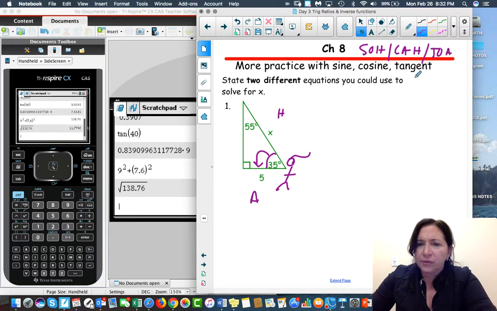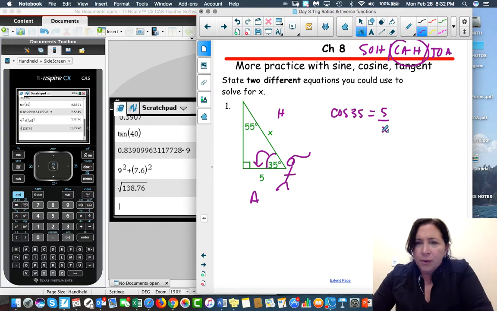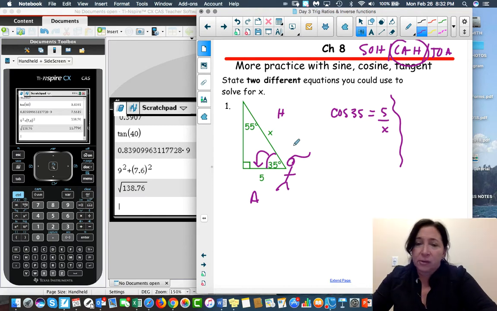Which one of the SOH CAH TOA uses adjacent and hypotenuse? That would be cosine. So you would say cosine of 35 degrees is equal to the adjacent side over the hypotenuse. That's one way of solving it, and you would have to solve for x, and we're going to do that.